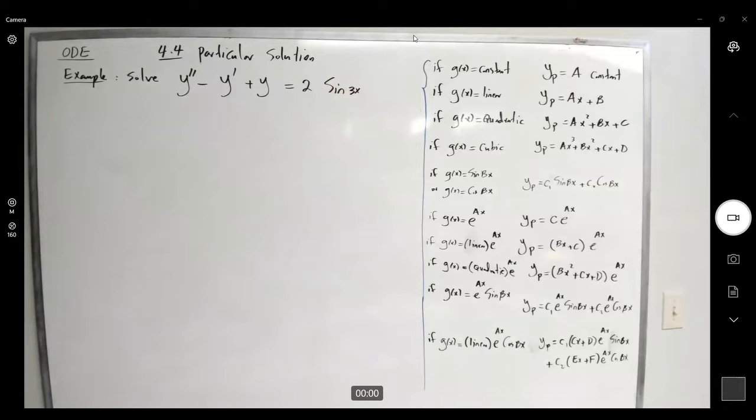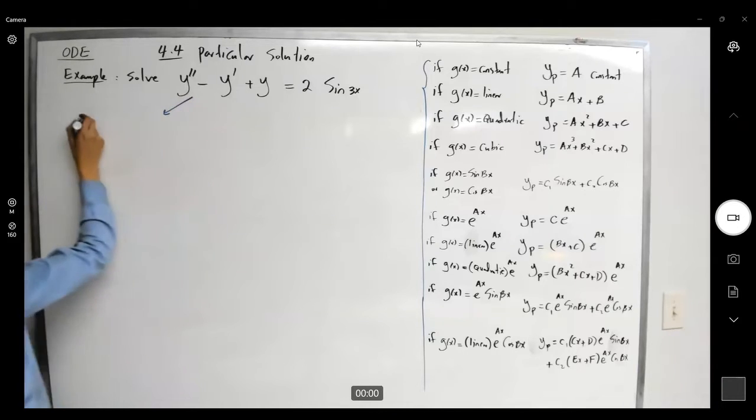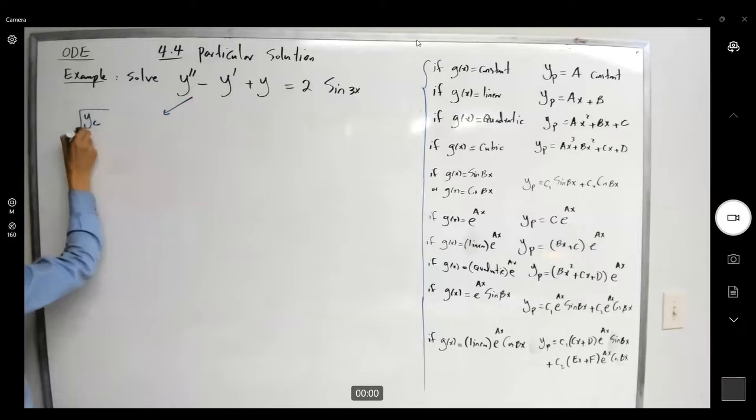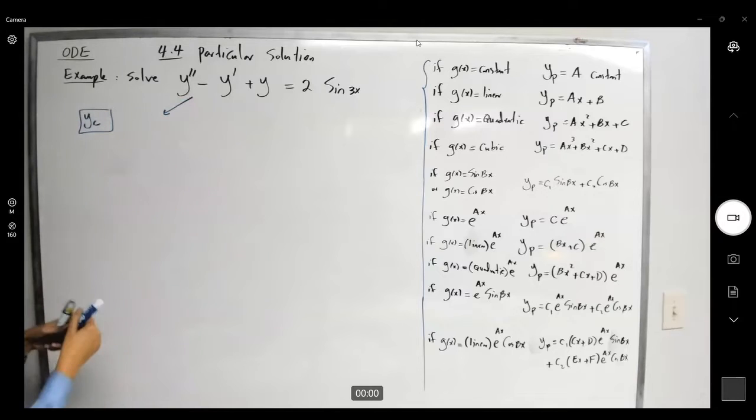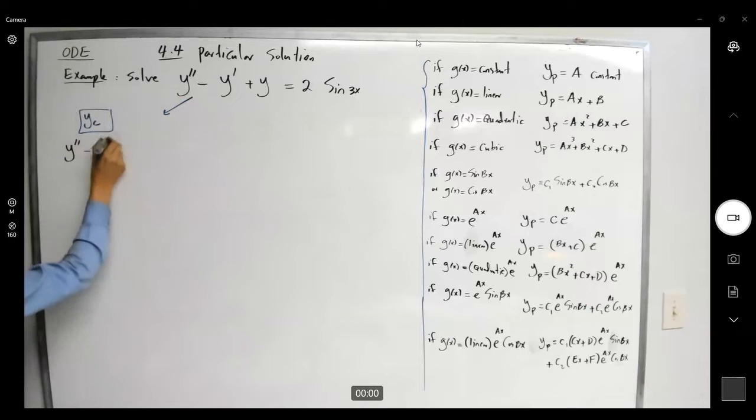How do we solve this? So first of all, we need to divide this up into two parts. We need to find the complementary function yc by setting this equal to 0.